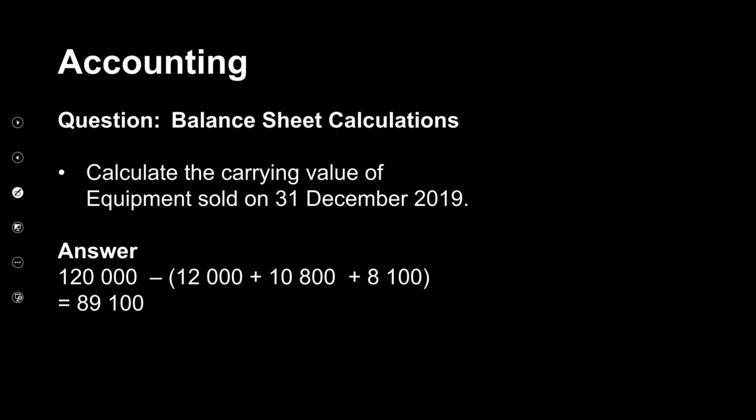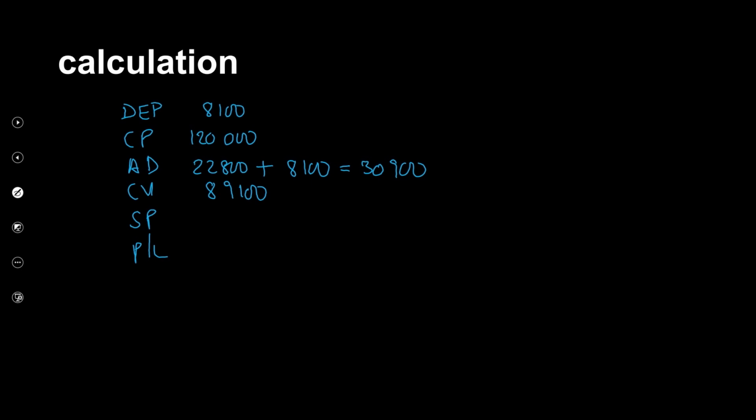Right. So before we come to this here, let's go to this one here. I want to show you this here. The cost price of the equipment was 120,000 Rand. The accumulated depreciation on that equipment at the beginning of this financial year was 22,800.